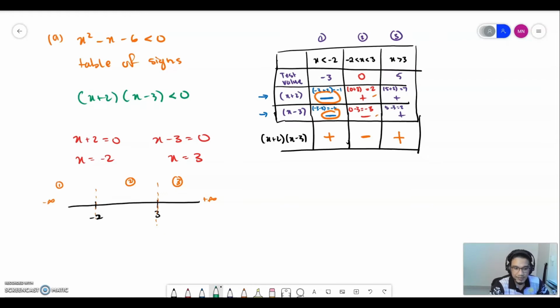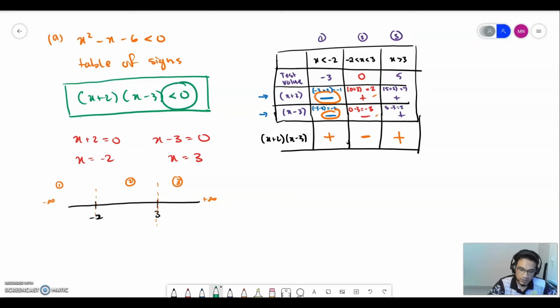Alright. Okay, so now we have done the table. So we have positive, negative, and positive. Now we go back to our quadratic inequalities, which is here. We can see that the symbol of the inequality is less than 0.